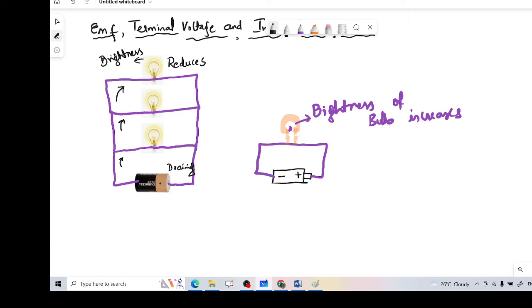we need to find out the meaning of EMF, terminal voltage, and internal resistance. See here, in almost all battery cells, they have mentioned something like 9 volt EMF. EMF stands for electromotive force, but actually it is not measuring any kind of force.